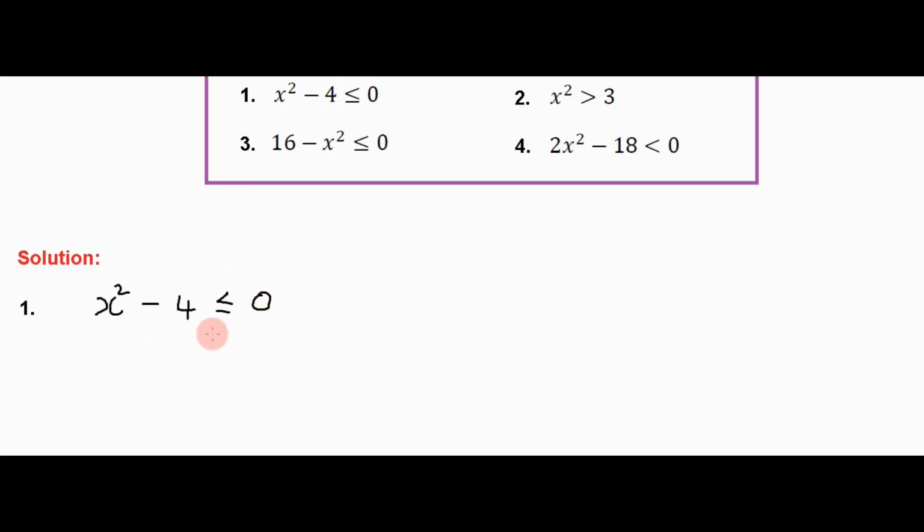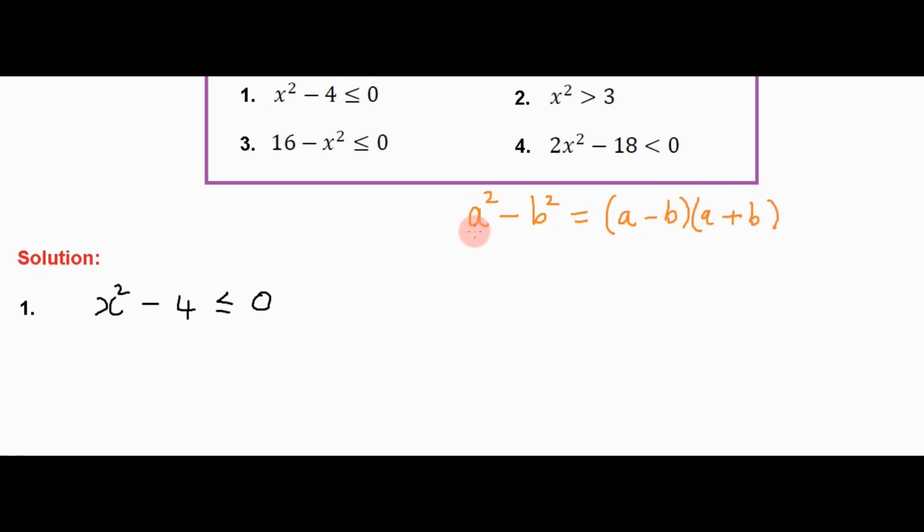Now, before we look at this, we just want to revisit a difference of squares. We know it's an expression in this form, a squared minus b squared, in other words, a perfect square minus a perfect square. And we know that to factorize this, it'll be a minus b times a plus b.